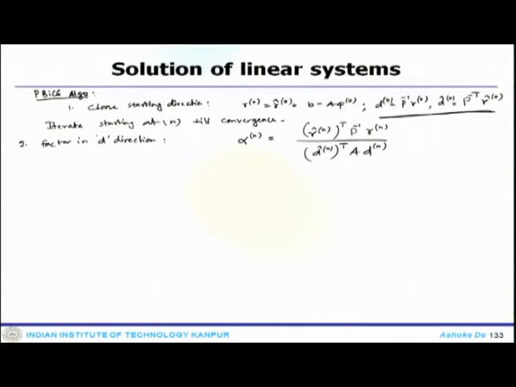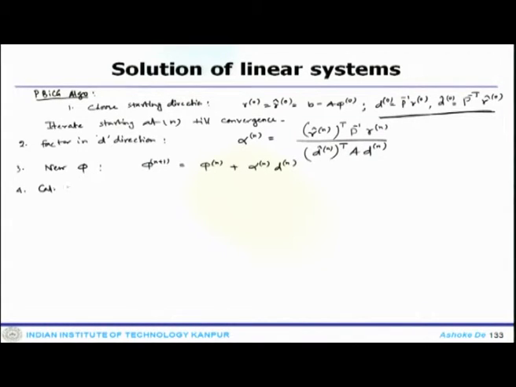So, here if you see, because of this inclusion of the preconditioning system, it slightly deviates from the standard BiCG algorithm. Then you obtain the new phi such that phi n plus 1 equals phi n plus alpha n d n.